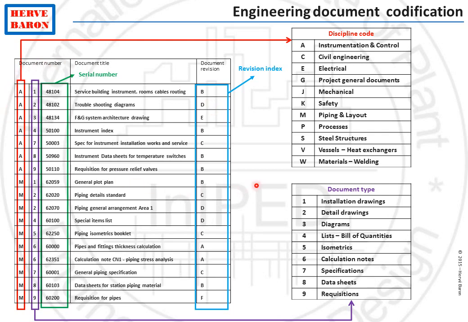So with this simple key, we can get oriented into any engineering deliverable by quickly knowing the issuing discipline and the type of document.